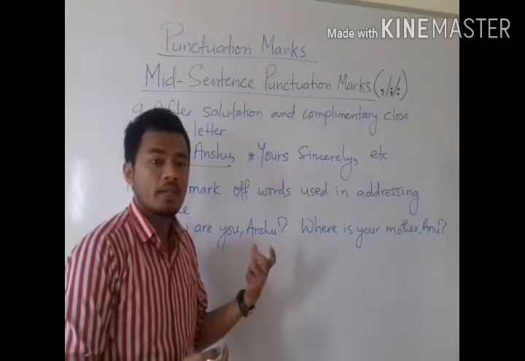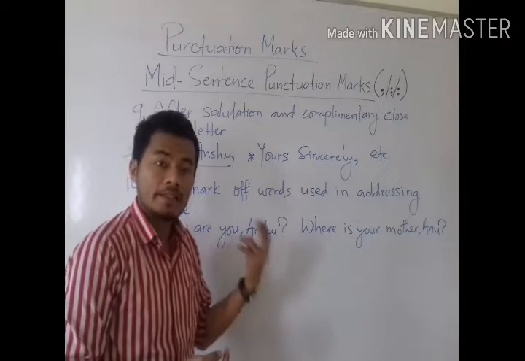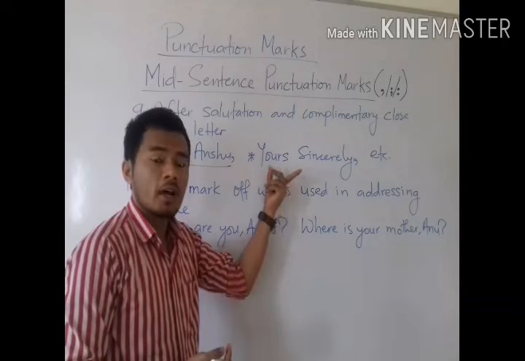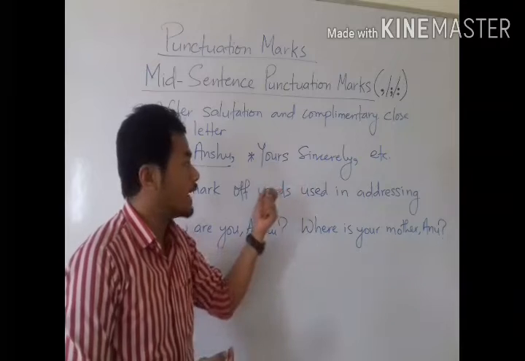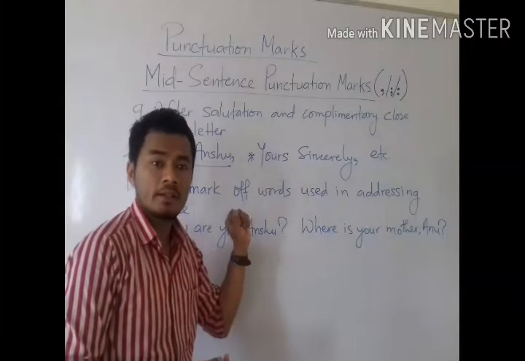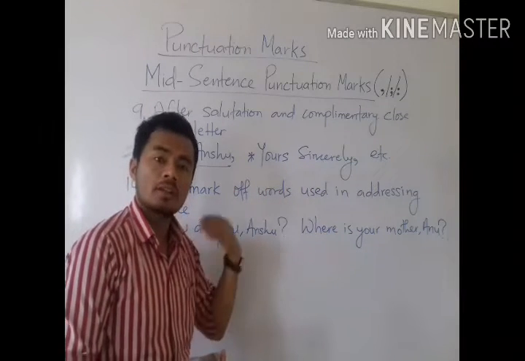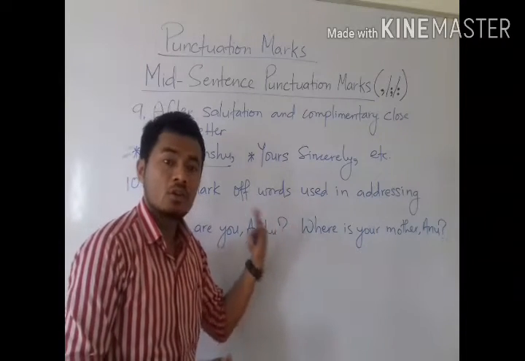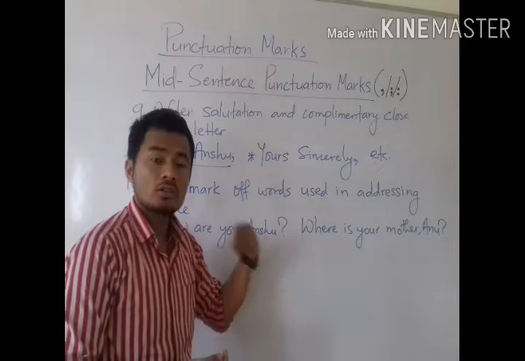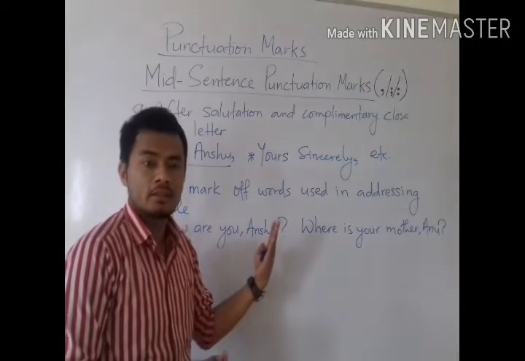Before writing the name of that writer, we put complementary clause, and after complementary clause we use comma. Like yours sincerely, comma. We should write our name or the name of the person who is writing the letter. Yours honestly, yours obediently, like this. Understood?